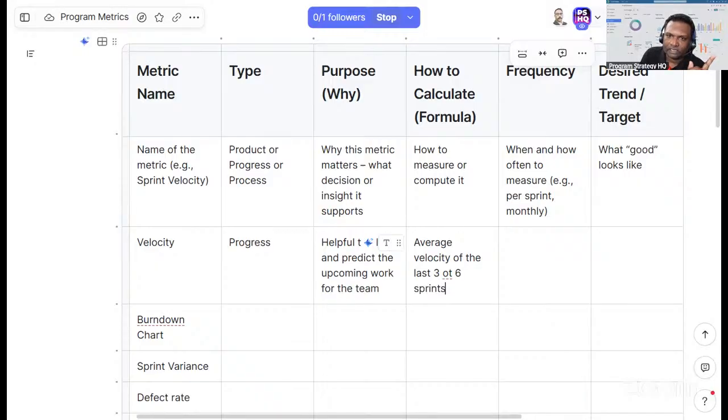In case for the last three sprints the team delivered 20, 25, and 20, then we'll average it out and take that number as the velocity for this sprint. It can be six again, or sometimes three. Typically three to six.